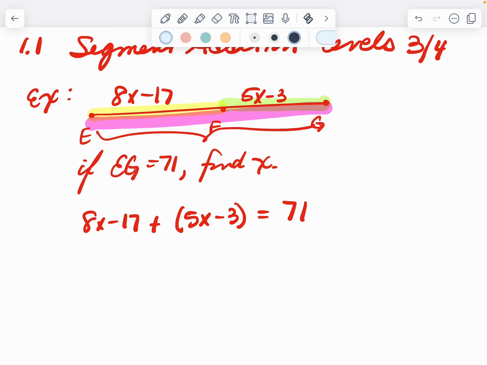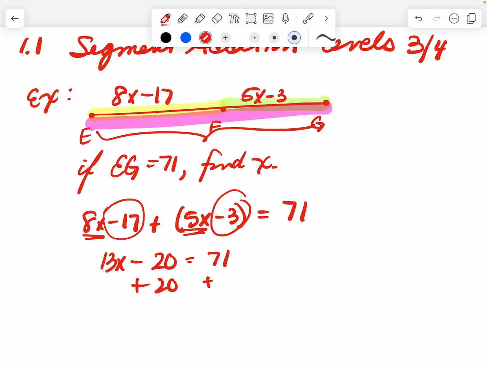So there are no negatives here that I need to deal with. And so then I can just combine like terms. So my 8x and my 5x become 13x, minus 17 and minus 3 becomes negative 20.